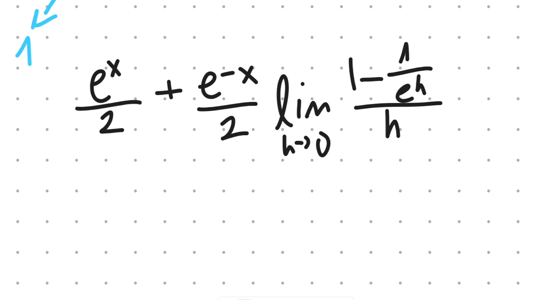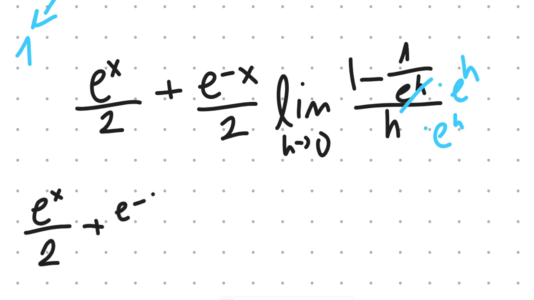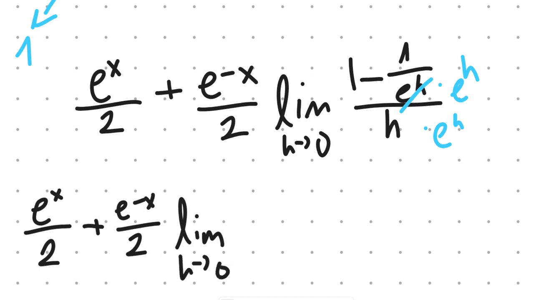Now we multiply the numerator and denominator by e to the h, so that the e to the h in the denominator cancels out. So we have e to the x over 2 plus e to the negative x over 2 times the limit as h approaches 0 of e to the h minus 1 over e to the h times h.